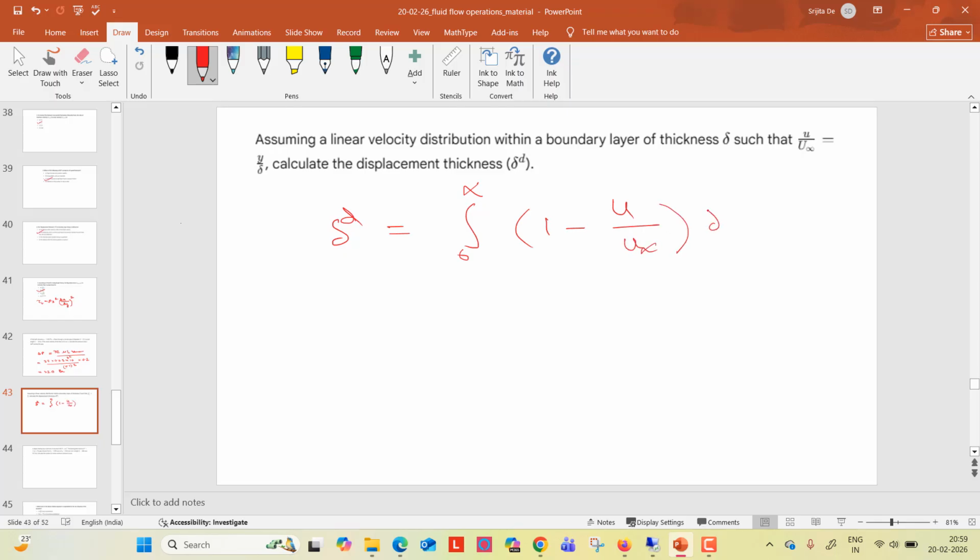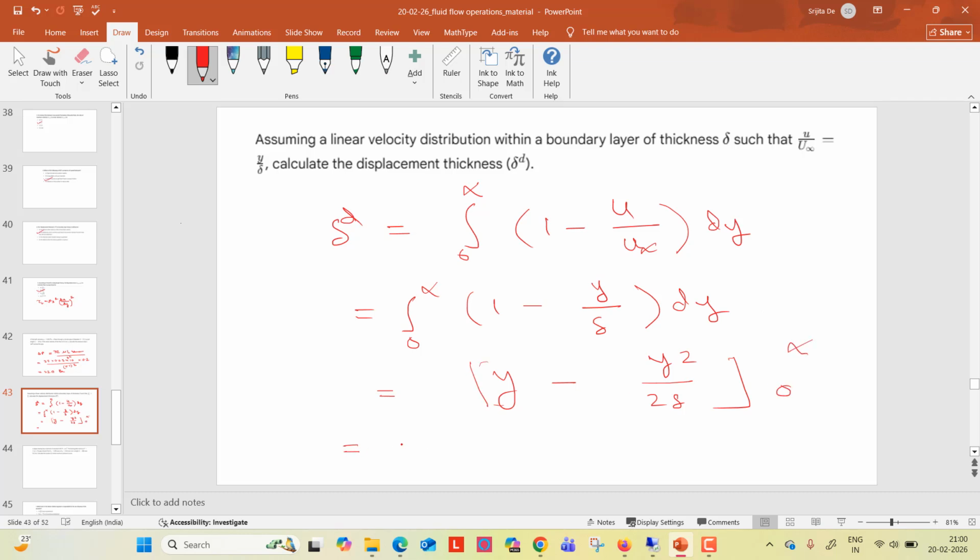So it will be the integral of (1 minus y by delta) dy equals y minus y square by 2 delta, from 0 to infinity, sorry, 0 to delta. It is the boundary layer thickness.